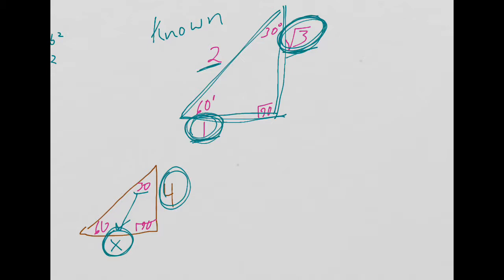I always start with my x. Here's my x right here, and I'll say x over, well, since this side of my known triangle corresponds with this side of the triangle that I'm trying to figure out, then I'm going to take the value of this side and I'm just going to move it over.